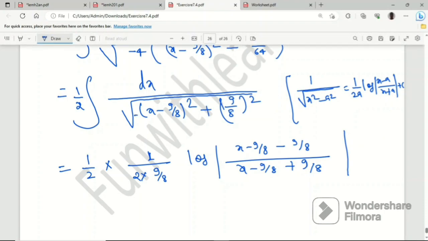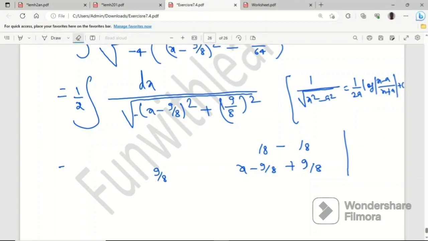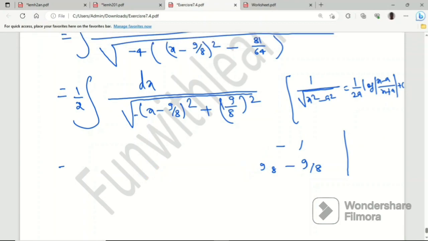Let me correct it, wait. So the formula will be using a square minus x square here. No, this is not the formula actually.